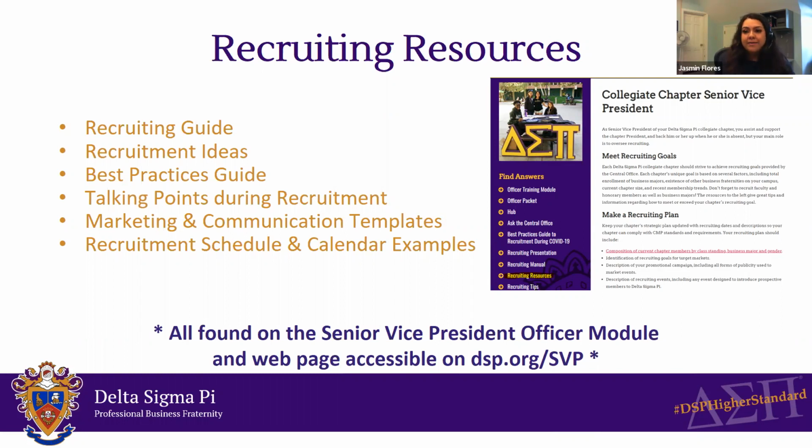We also have some templates on what the goals are for this specific recruitment cycle. We always say you recruit year round, but for this upcoming term, what are your specific goals? You have a graduating class of 20 students and you're trying to recruit 25 new students. Those are some of those goals that are outlined on there.